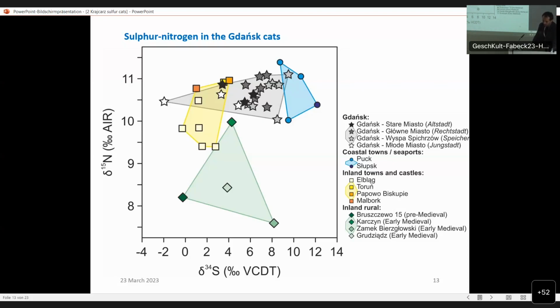Among most of these stars, we can see that most of them are concentrated here, and we can see something like a linear arrangement. So I marked the end members of this linear trend.